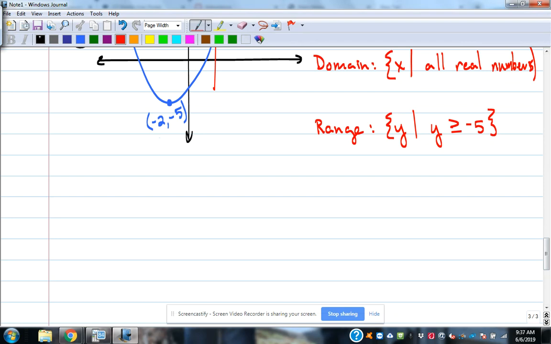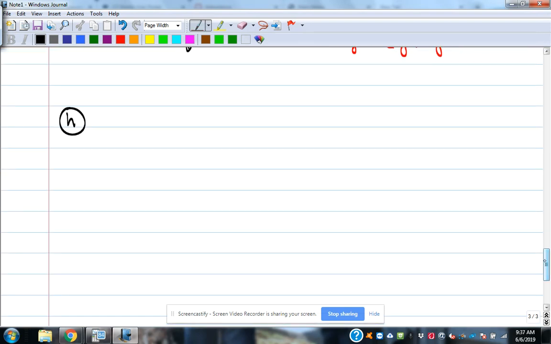Let's look at another graph. These are sometimes a little tough. But again, I'm going to draw a graph. I'm going to put some ordered pairs on it that can kind of guide us in how to do things. So I'm going to put an ordered pair here. That ordered pair there is going to be -2, 0.